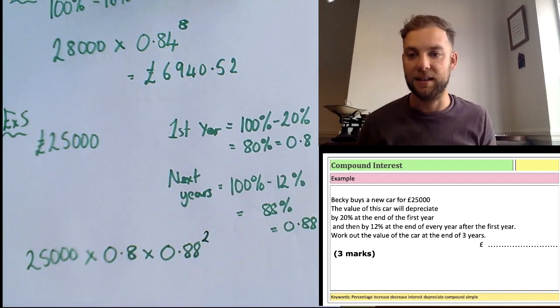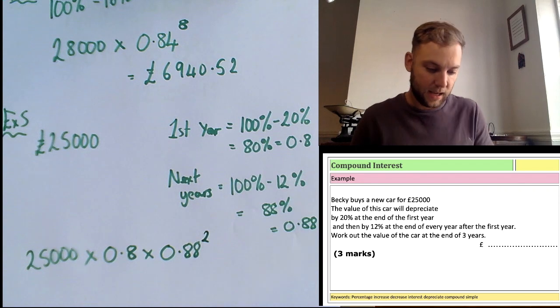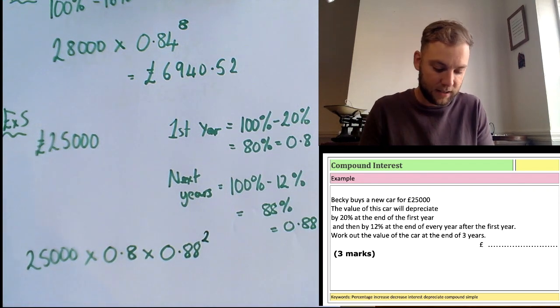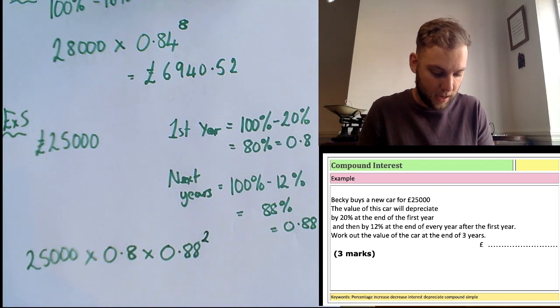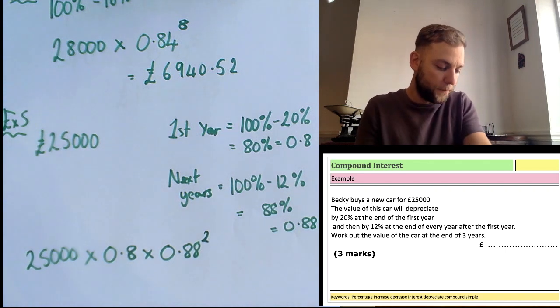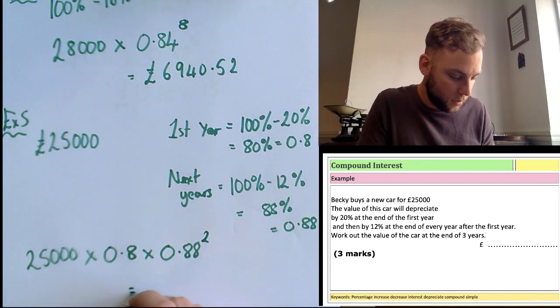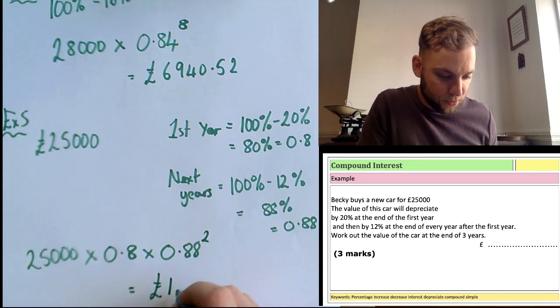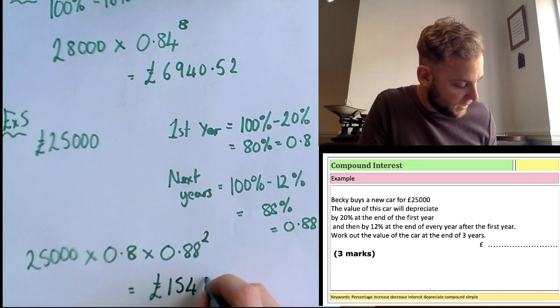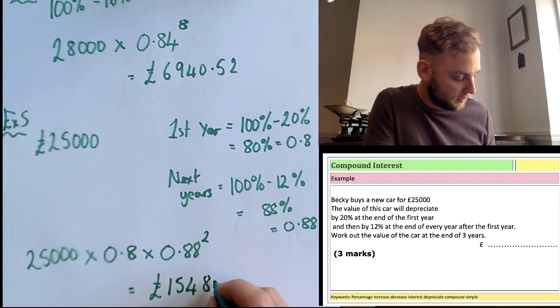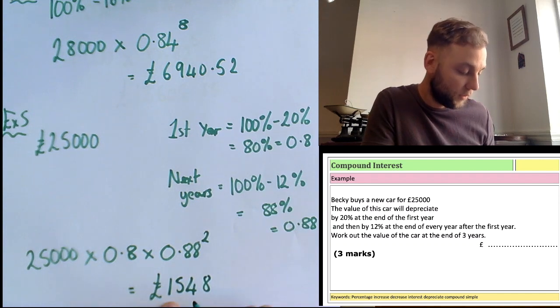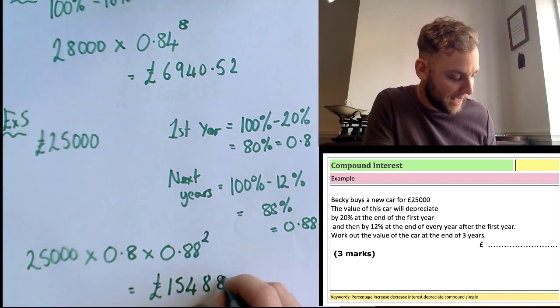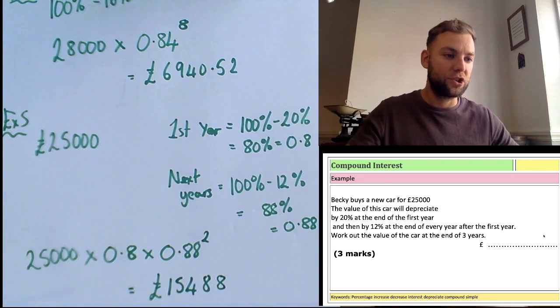So that one there is to the power of 2. Okay, so I can put that straight into my calculator. 25,000 times by 0.8 times by 0.88 to the power of 2. And then we can do that all in one. So that's equal to 15,488 pounds.